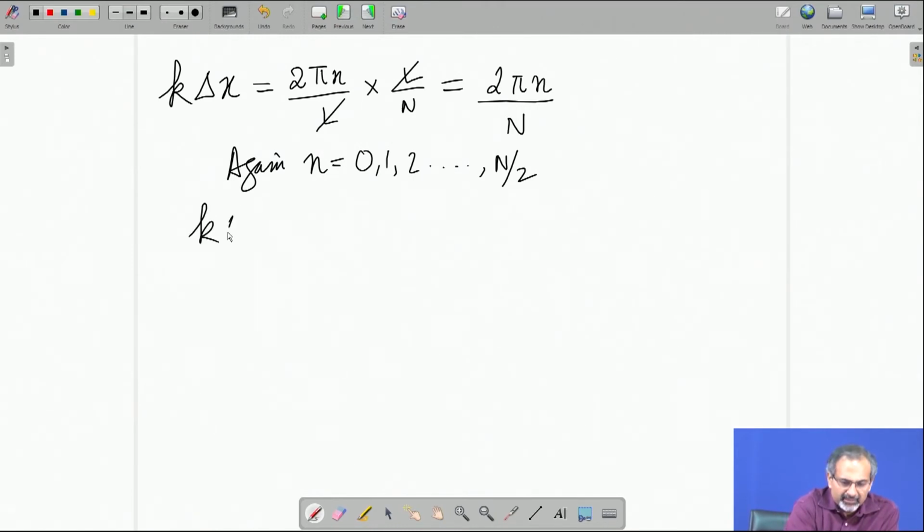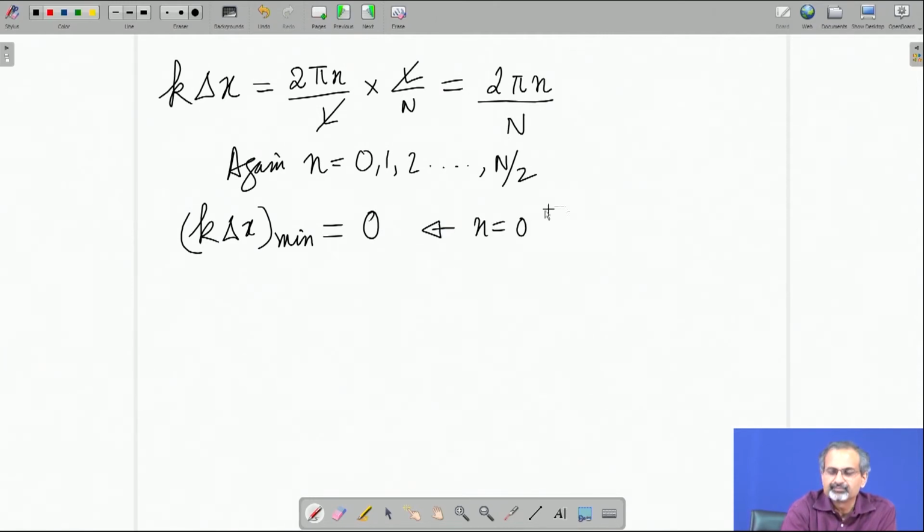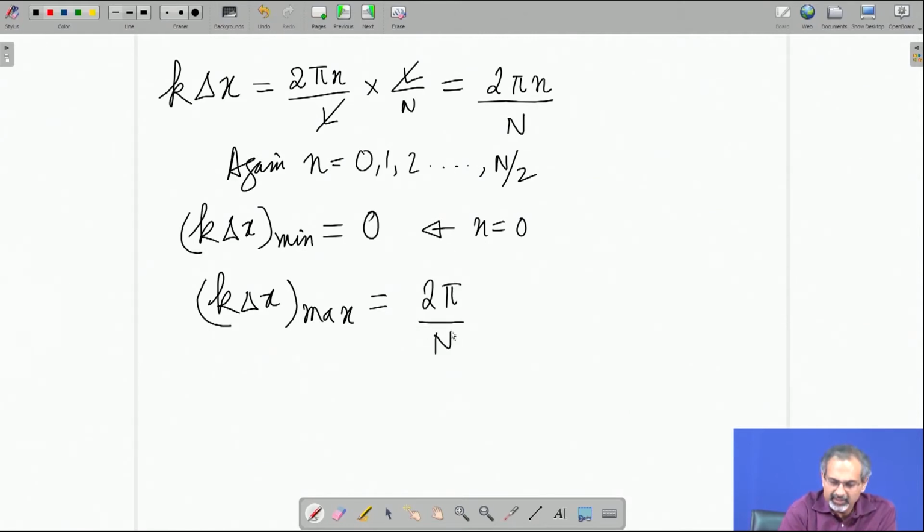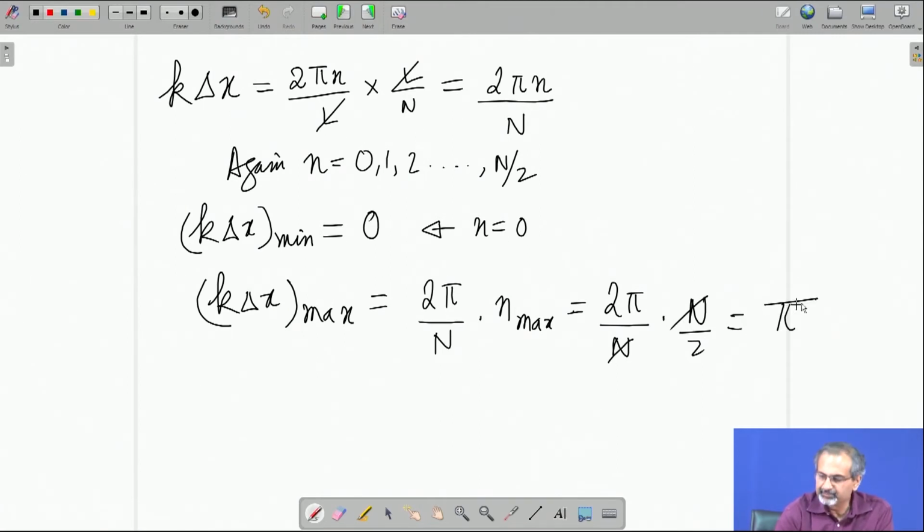So, that will give me the maximum and minimum values of k times delta x, because that is basically the maximum and minimum values of small n. So, the minimum of k times delta x is 0, which corresponds to n equal to 0, and the maximum k times delta x is equal to 2 pi by n into n max, which is 2 pi by n into n by 2, and you get pi.